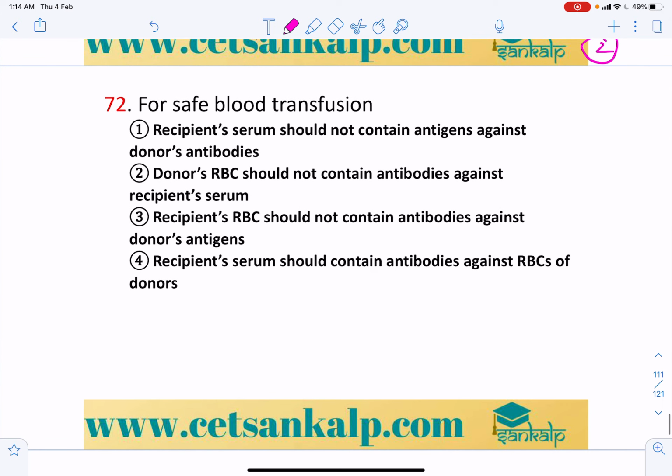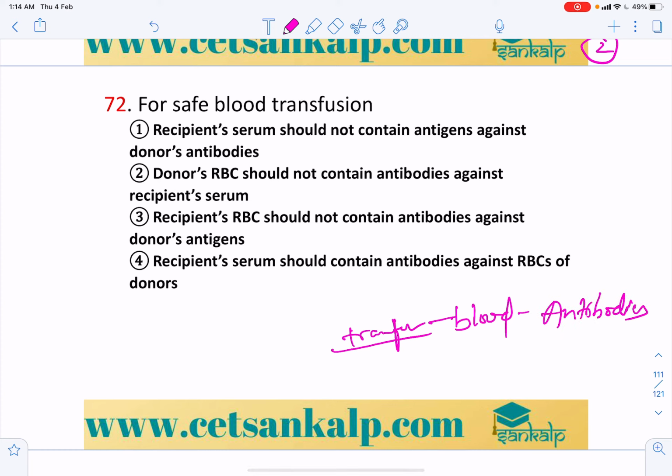Next, for safe blood transfusion, what should be there exactly? Whenever we transfer blood, there should not be antibodies reacting. The antigen of the donor should match with the antigen of the recipient.